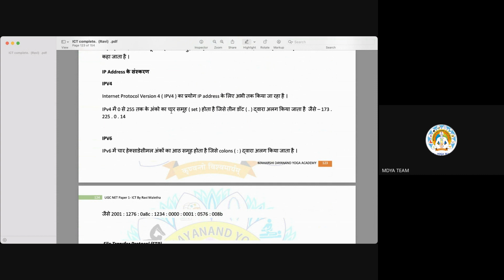So there are seven colons which divide the eight parts, and three dots divide the four parts. Here octal numbers are used, and there hexadecimal numbers are used.